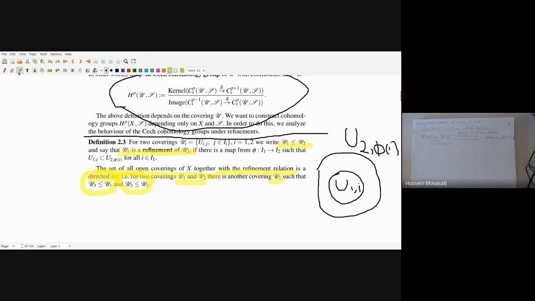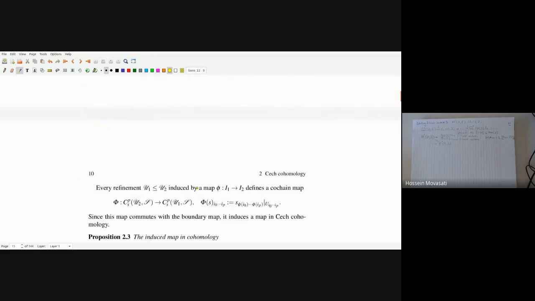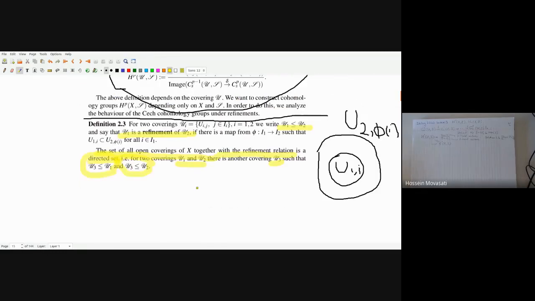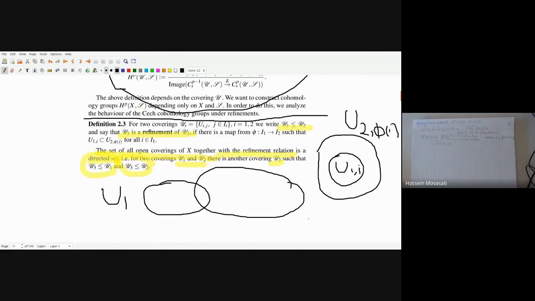And the idea is also kind of simple. If I have the two coverings, this comes from the first covering, this from the second, and both calligraphic U1 and calligraphic U2 cover the whole space.